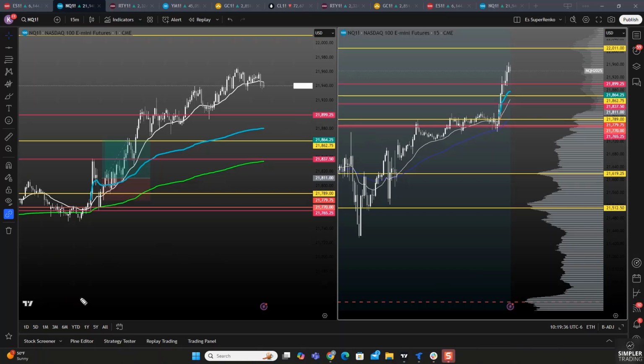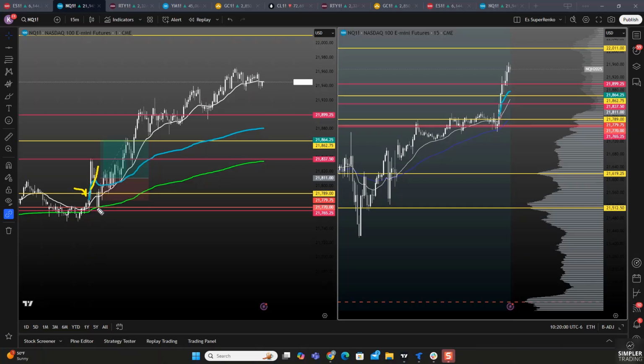What I call this setup is a VWAP reclaim. I'm sure there's a bunch of other fancy words for it, but it's just the anchored VWAP being reclaimed by price, going in the overall trend direction from the higher time frame. That's how I look at it. Right here in the 1 minute chart, this blue line is the anchored VWAP for the opening session, so 8:30 Central. Price rallied up, did a quick little dip, and this green line is the session VWAP.